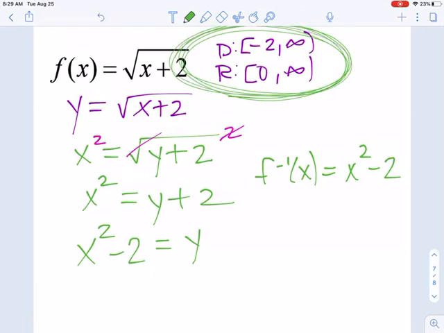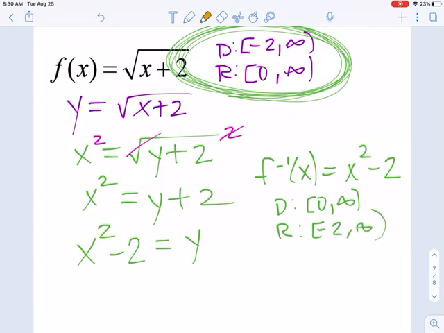So our inverse is x squared minus 2. But our domain and range come from the flip of our original. So our domain is 0 to infinity. And our range is -2 to infinity.